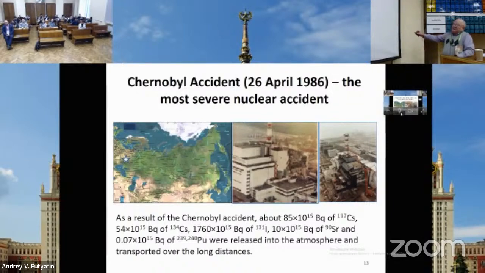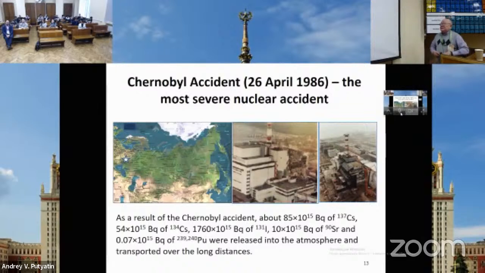This is the activity of cesium-137, cesium-134, iodine-131, and strontium-90 and plutonium isotopes.